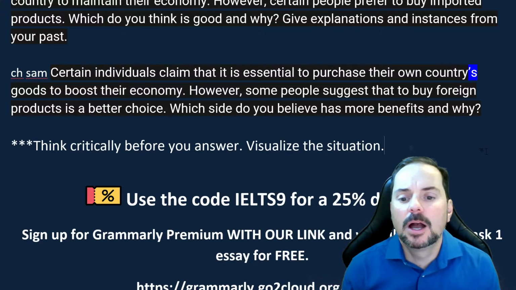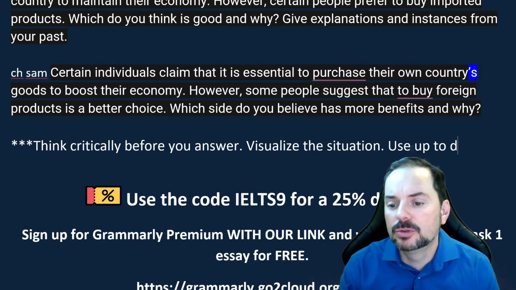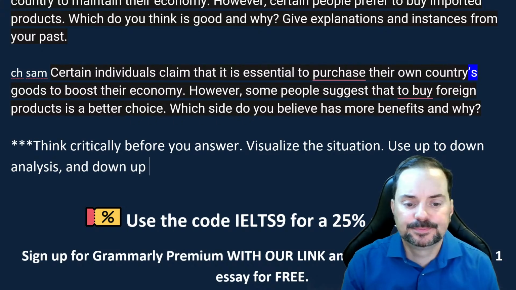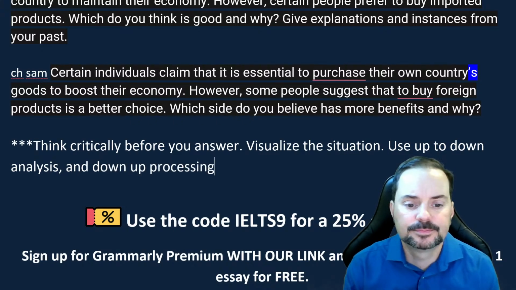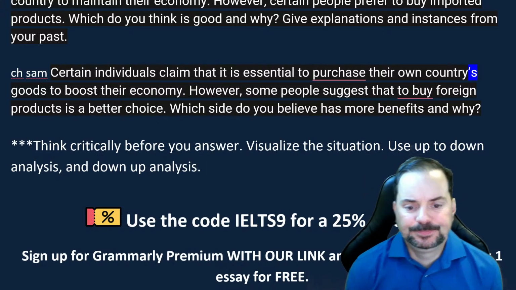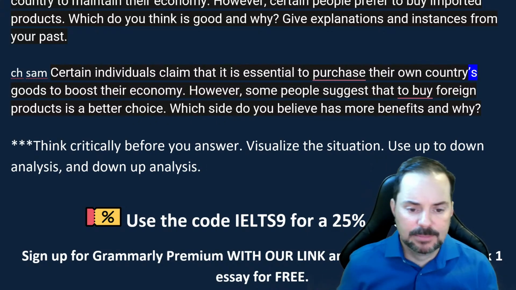Now, use up to down processing and down up processing or analysis. Okay, what do I mean by that? All right, what do I mean by up to down and down to up?